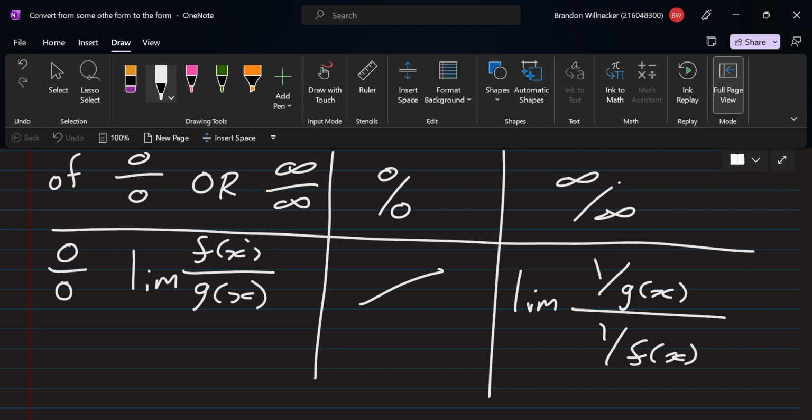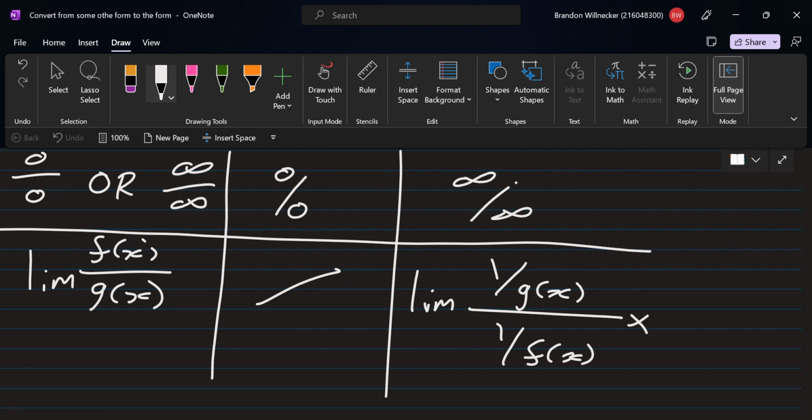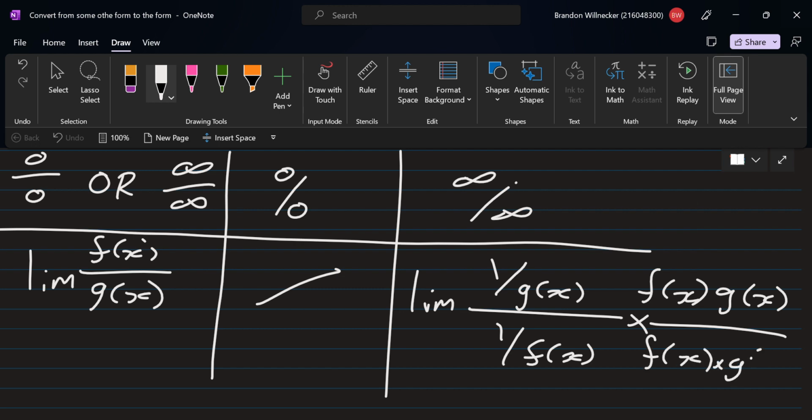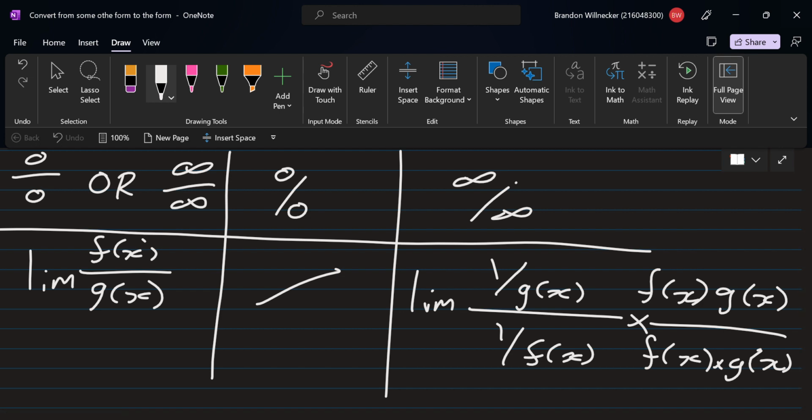Okay, is anyone confused about how you get from that right-hand side term to the left-hand side? Okay, so take this and multiply the top and the bottom by f of x times g of x. So at the top we times by that, at the bottom we times by the same thing. Okay, so that is just multiplying by 1, right? Same thing at the top, same thing at the bottom.